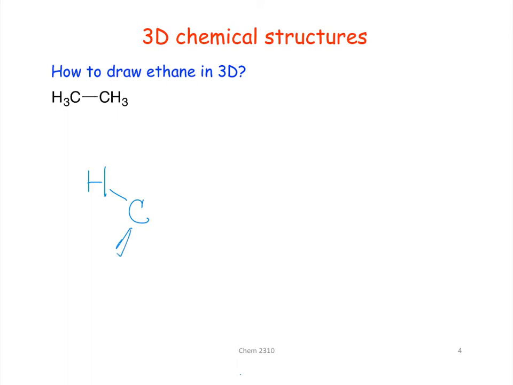We have a wedged bond like this with an H, and a dashed bond. What should be the geometry around these carbons? Tetrahedral, right? What's the hybridization of the orbitals on the carbon? sp3, that's right. So let's just do the same thing on the other side.